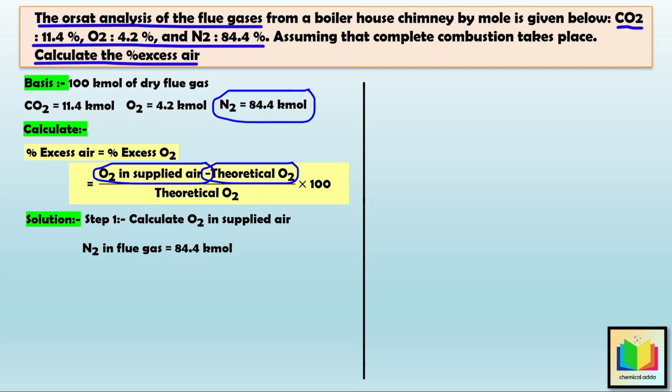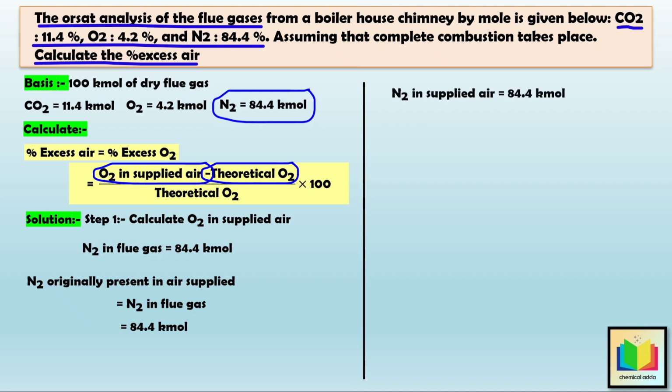So all nitrogen present in flue gas must have entered with the air. Therefore, nitrogen originally present in the air supplied must be equal to nitrogen in flue gas, which is given as 84.4 kmol. Hence we get N2 in supplied air is equal to 84.4 kmol.